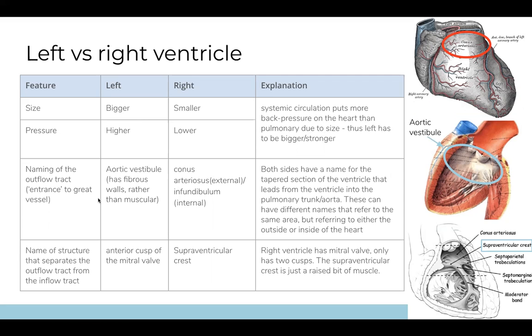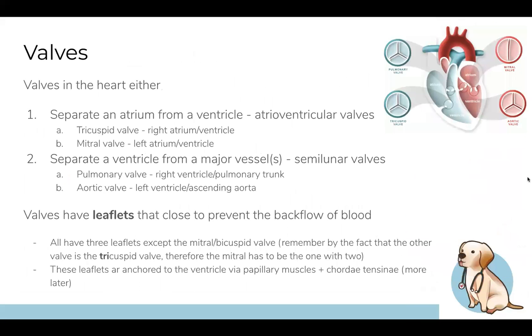Now, this is where it gets a little bit funky, almost embryological. And this is the outflow tract to get to the great vessel. So let me go back to this photo.